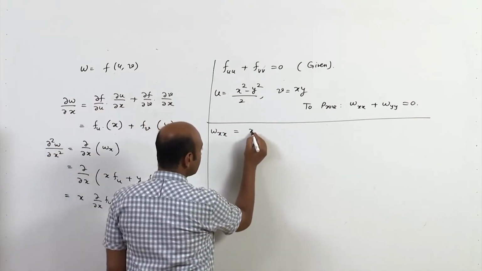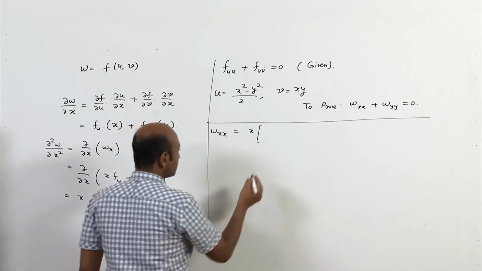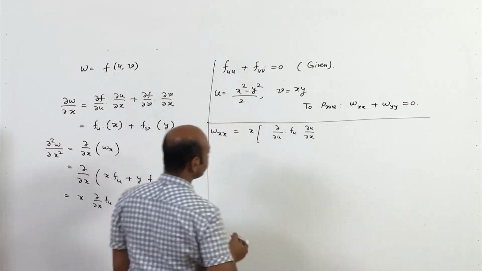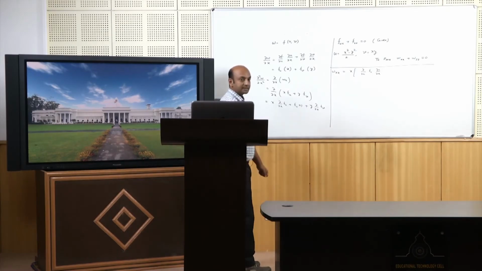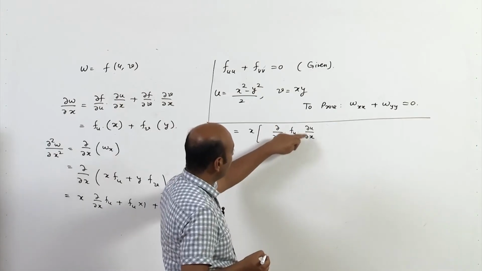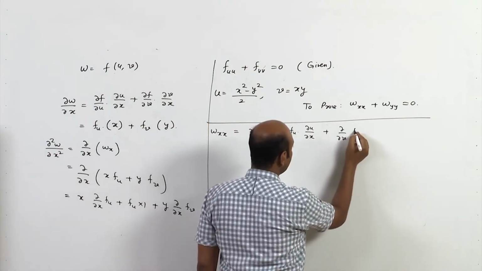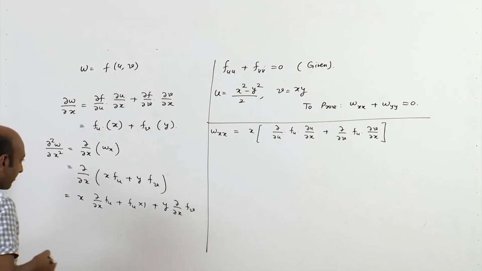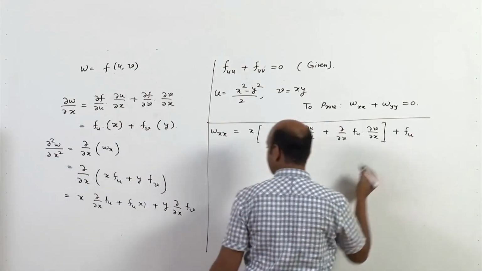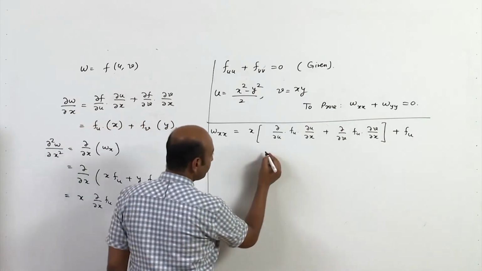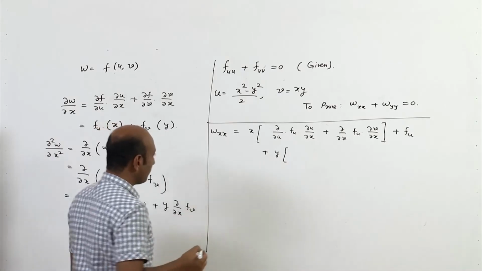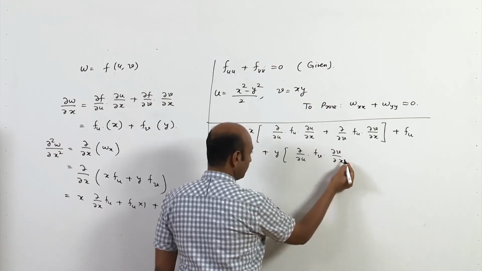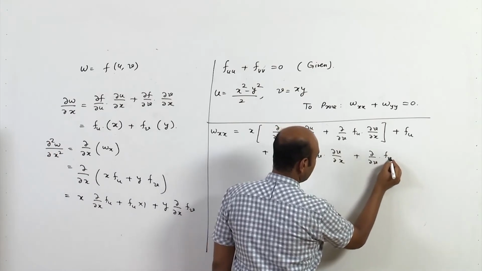So you have to apply the chain rule here, it is x into del by del u of f u into del u by del x plus del by del v of f u into del v by del x, because both involve functions of x, plus f u, which is this term, and plus y times, again you have to apply the chain rule here, it is del by del u of f v into del u by del x plus del by del v of f v into del v by del x.